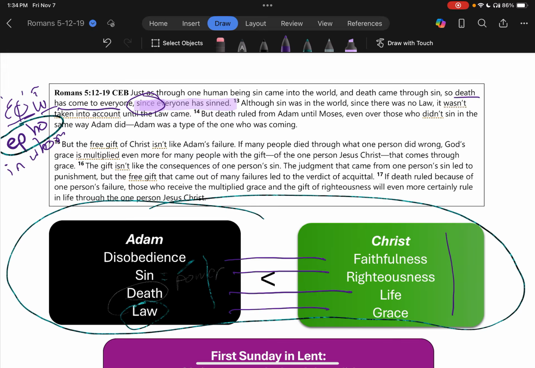He's going to deal with that more in chapter 7, which we're actually not going to talk about in any of these videos because it doesn't come up as a lectionary passage in the season of Lent in year A in the lectionary. But if you want to see how Paul sort of rescues the law as a good thing, so to speak, you can read Romans 7. But he asks the question in Romans 7, does that mean that the law is evil?